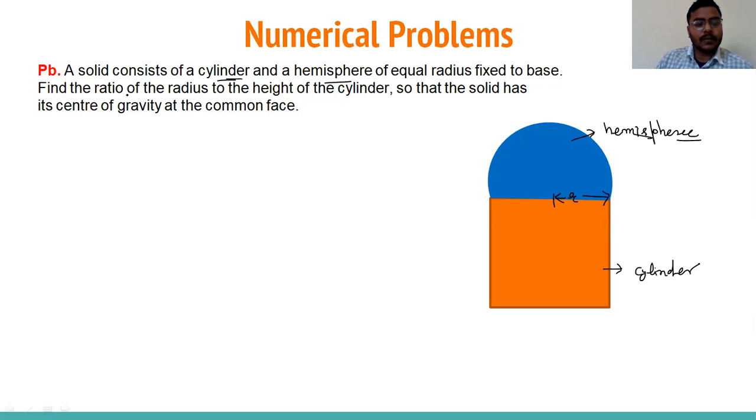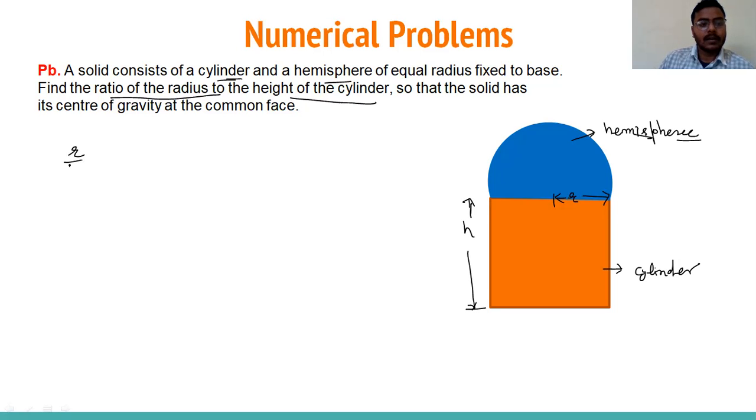Find the ratio of radius to height of cylinder. Suppose for the cylinder the radius is r and the height is h.